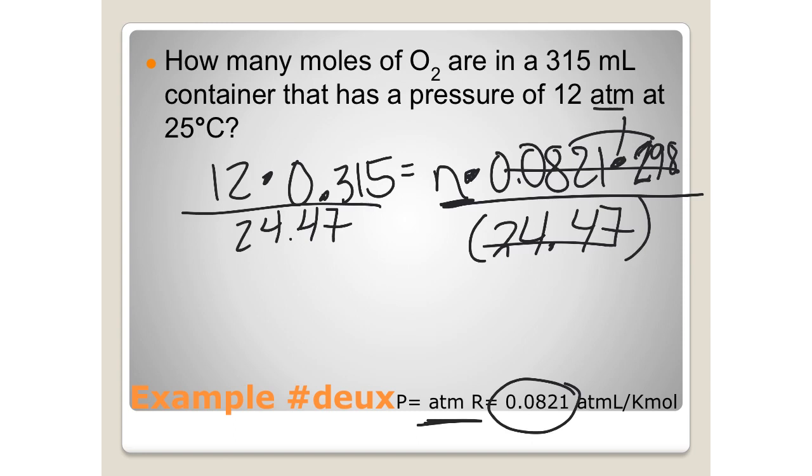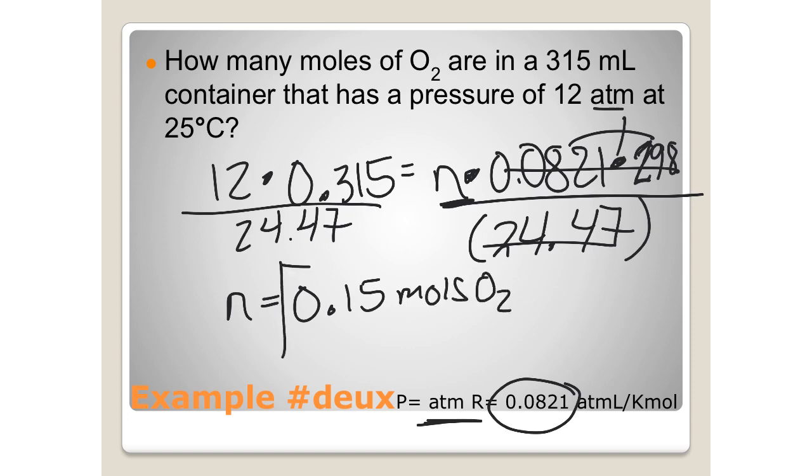And so if I go ahead and plug and chug all that out, my N is going to be equal to 0.15 moles of O2. And again, if I really wanted to, I can convert that to grams and I would know exactly what mass of O2 I was going to have under those conditions.